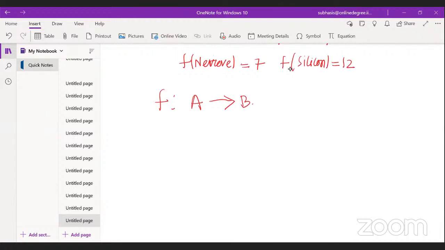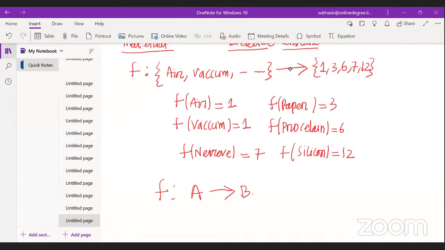What do you mean by unique? Can you explain it a little further? In this question, for air the dielectric constant is 1, and for vacuum the dielectric constant is also 1. So both are giving the same value. It is many to 1, I guess.